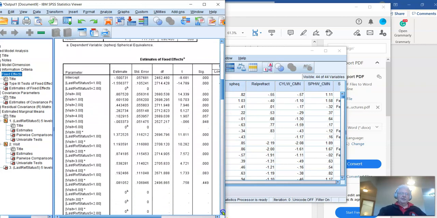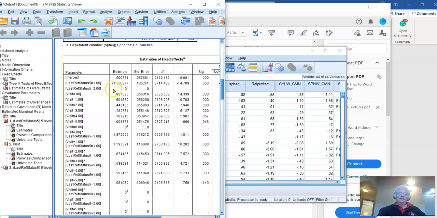This is our regression equation. Look, this is your y equals A plus Bx. In this case, the B1 is myopia. And so if your patient, or subject, is myopic, then you multiply and add minus 1.5.